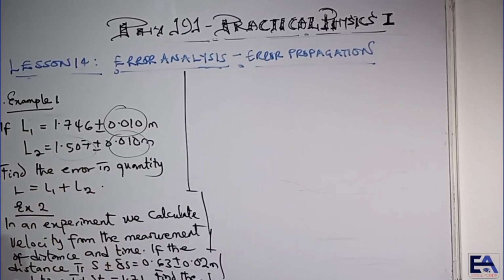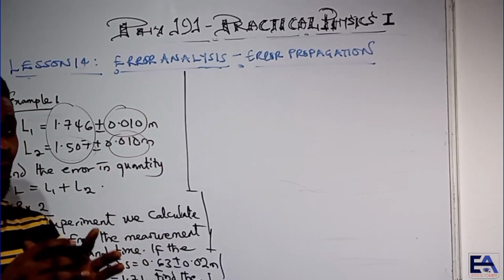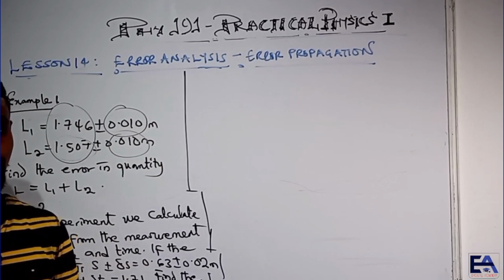If anything is adding directly, the part that will be adding directly is only the average value. The error part will not be adding directly; we'll be applying a formula to do so.